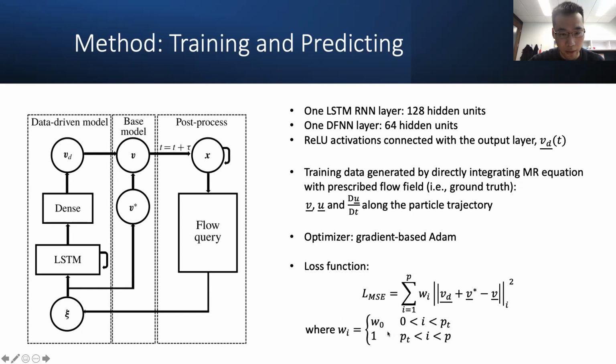Basically, they start with a W0, which is a relatively small number compared to 1. And then after certain time steps, they change to a larger weighting factor. The idea behind this is that they want to get rid of the initial errors, where the error of the model is much larger than afterwards.